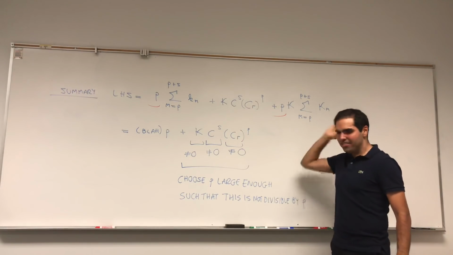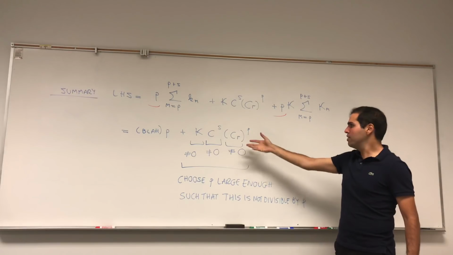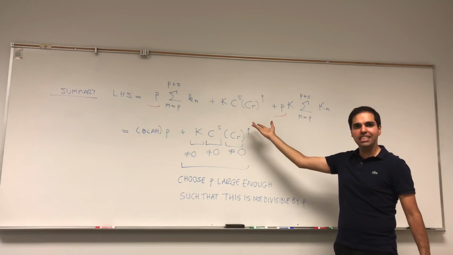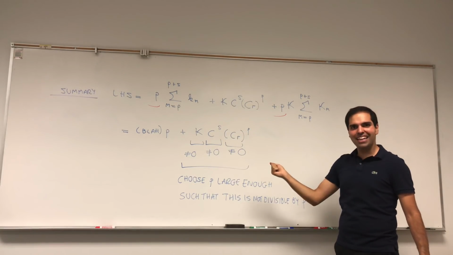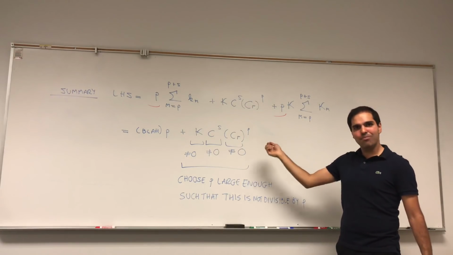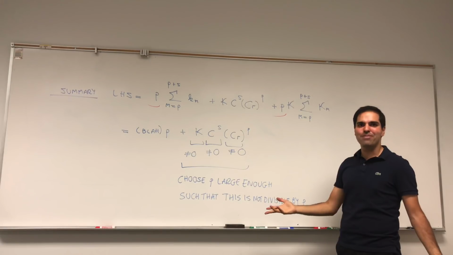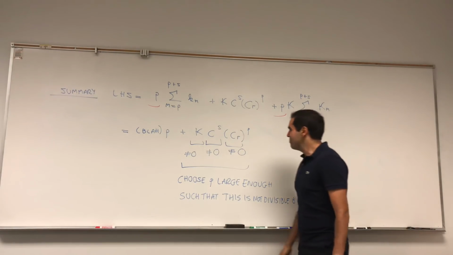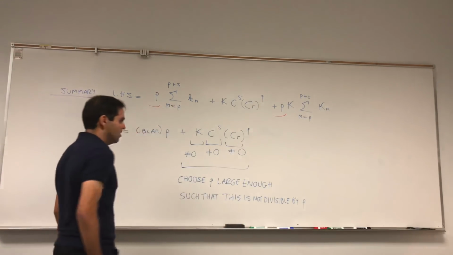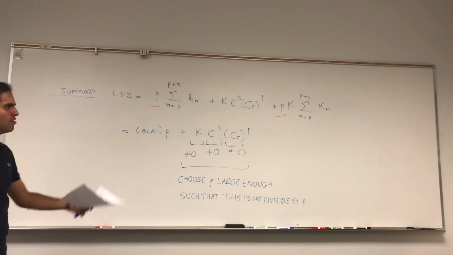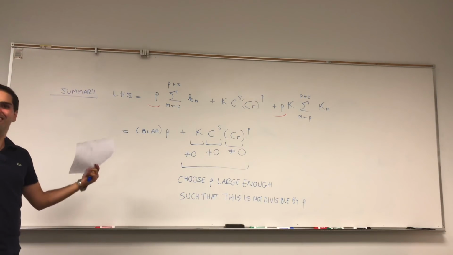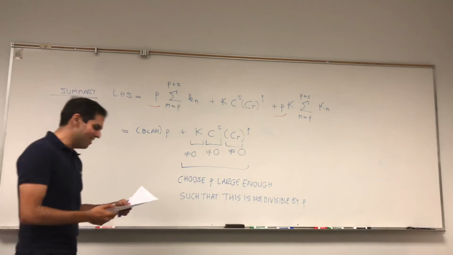For example, if this is 18, just choose p to be 19. Because it's a prime number bigger than that, this is definitely not divisible by p. So that's the cool thing. I know this is a factor of p, but trust me, one can do this by choosing p large enough.